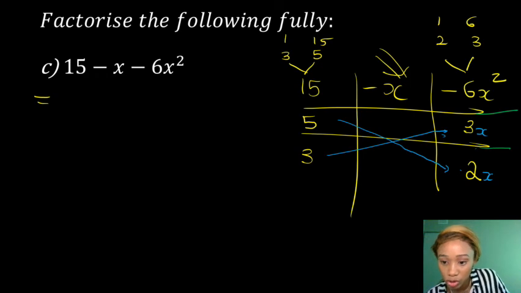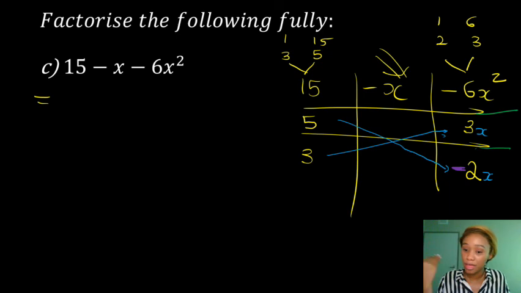Why am I choosing to put a negative next to the 2x? It's because it is going to multiply with the 5 and make a 10, and then 3 and 3 would make a 9. So I know that the 10 has to be negative because we have a negative here at the top. So you just have to play around with it, strategize, and then find it.